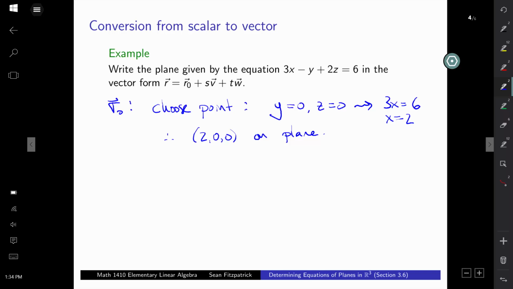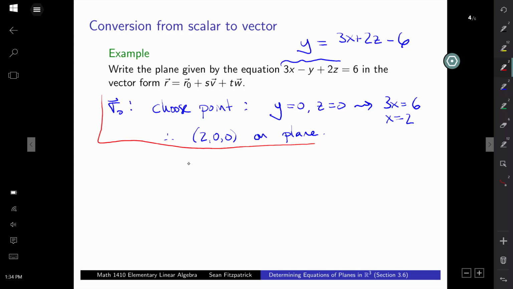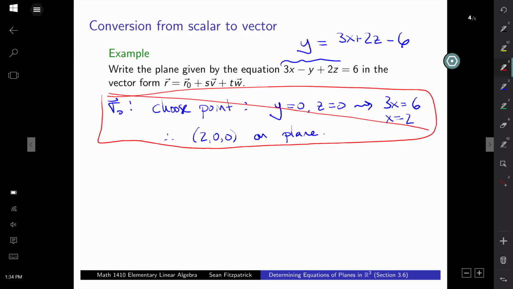So what you can do is say, all right, let's rewrite this equation here as, let's see, the thing that's easy to solve for here is y, right? y is equal to 3x plus 2z minus 6. And actually, we can probably skip the step of choosing the point, right? Let's leave this out for now, okay?